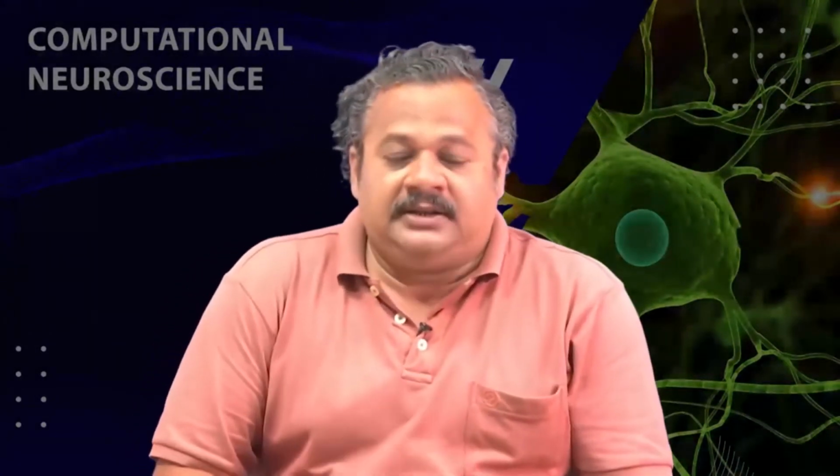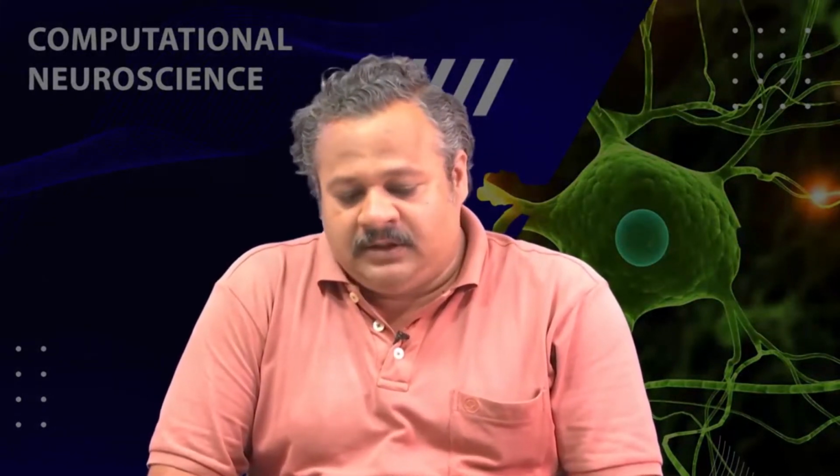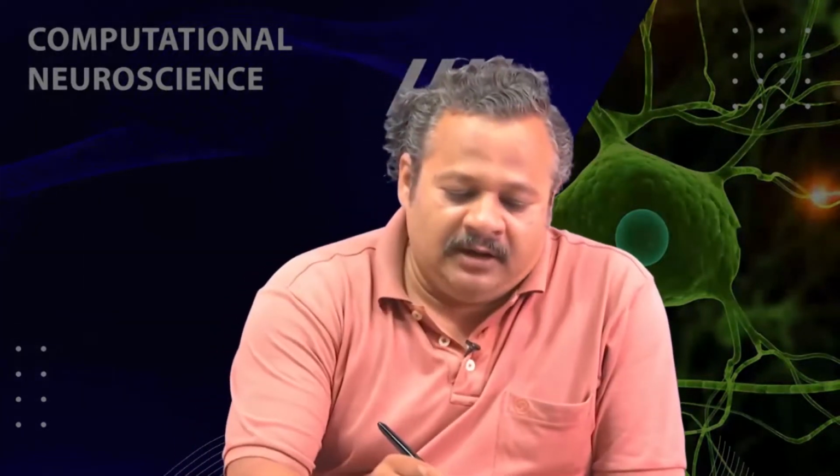Welcome. So, we have discussed the anode break excitation phenomena, and we had one more thing to discuss regarding the Hodgkin-Huxley equations and explaining based on the phase plane analysis, that is relative refractory period.